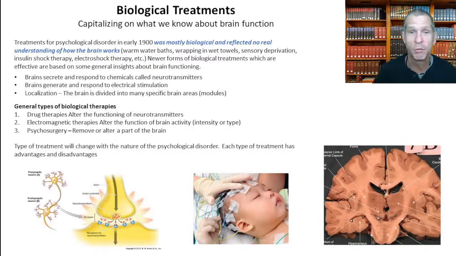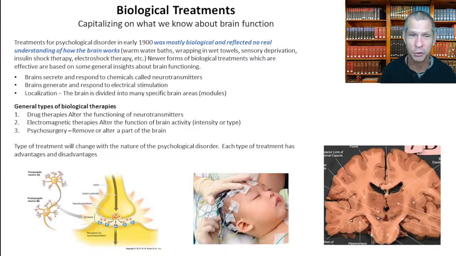Okay? Newer forms of biological treatment are less scary, less barbaric, but are still based, I hate to say this, on an incomplete understanding of what's going on in the nervous system. But these newer forms of biological treatments, which are effective, are based on some general insights about brain functioning. Okay, now here's what we know about the brain.